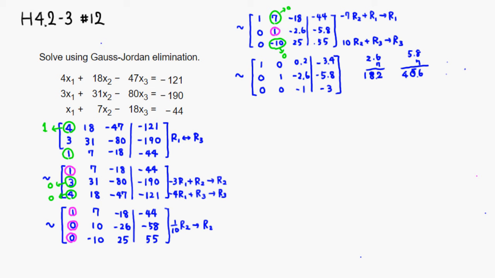All right. Then we look at the third row, and the leftmost non-zero element is currently negative 1. So I'm going to change that to positive 1. That's actually pretty easy to do. We just have to take row 3 and multiply by negative 1. This is just a computation, so I'm going to erase those.